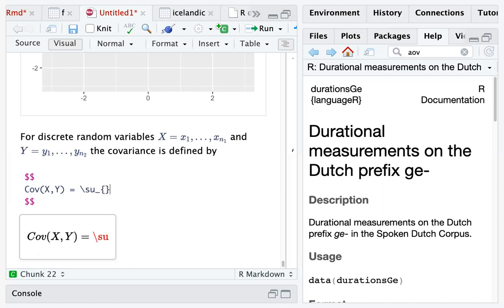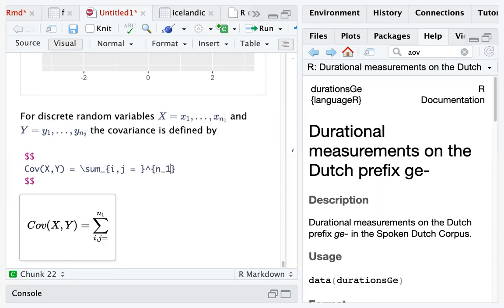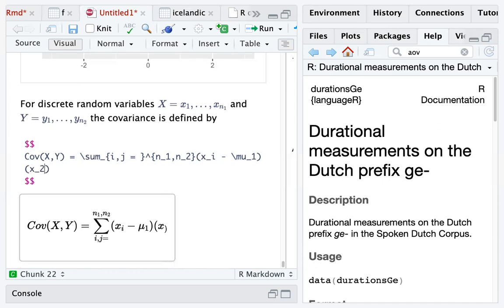It's equal to the sum over i, j going from 1 to n1 and n2 of (xi minus mu1) times (yj minus mu2) times the probability that x is equal to xi and y is equal to yj.